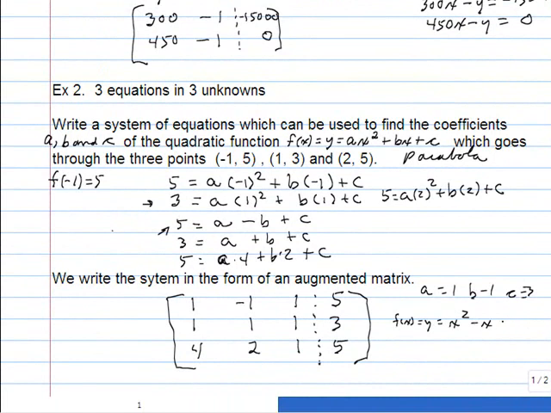And then for plus c, c equals 3, so you'd go plus 3. So that is how you go about setting up a system of equations, and that is how you take that system of equations you set up and get it into augmented matrix form, so you can then use matrix method to solve the system.